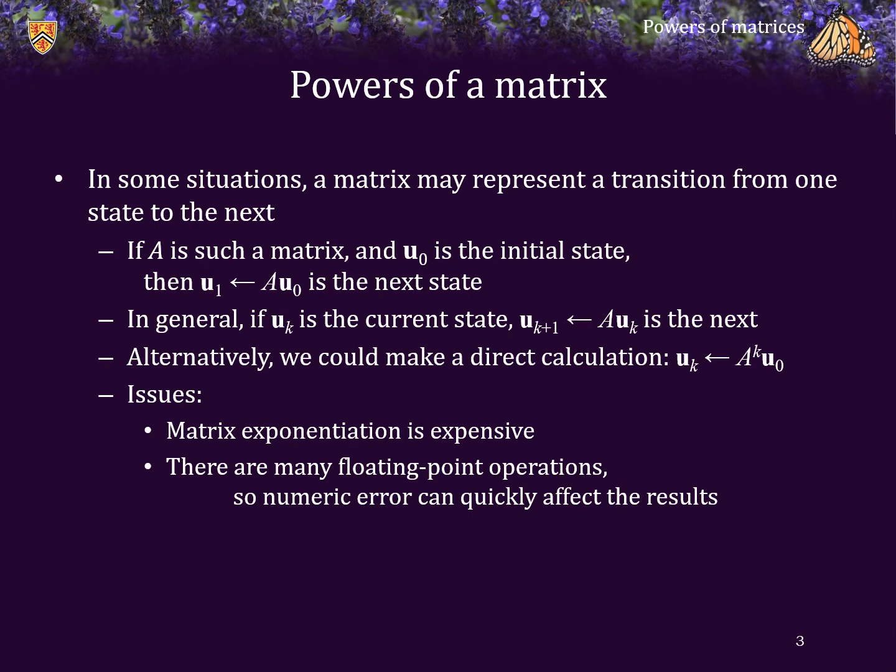So numeric error can quickly build up, and we are not able to mitigate most of these. You'll recall that with Gaussian elimination, we introduced partial pivoting to mitigate some of the effects of numeric error. However, there's nothing we can really do here.